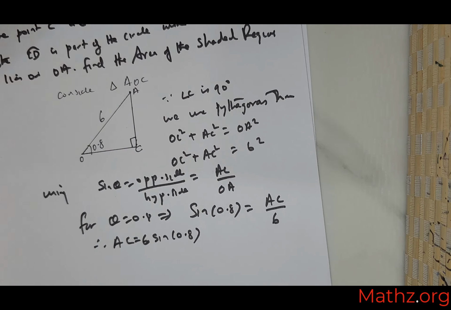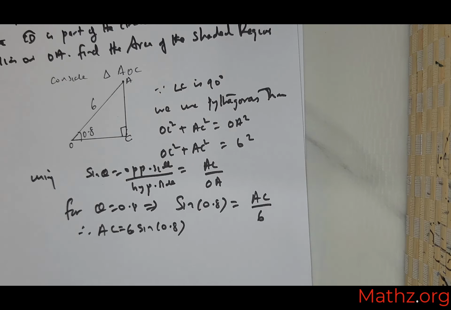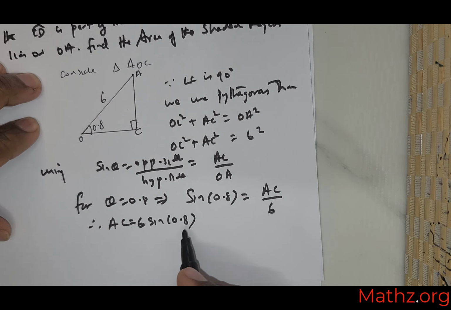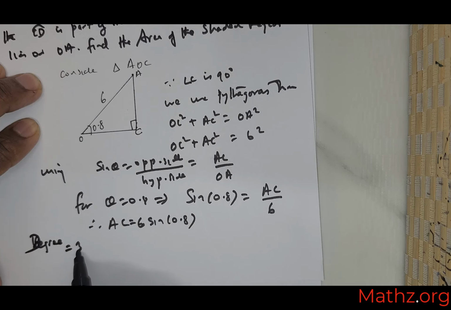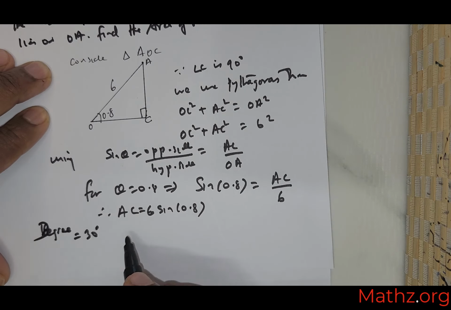So you can utilize your calculator and get that value. What I wish to do is convert this into degrees. Say you have a degree measure, for example 30 degrees, and you want to convert it into radians. We multiply it by pi over 180. This is degree measure to radians.